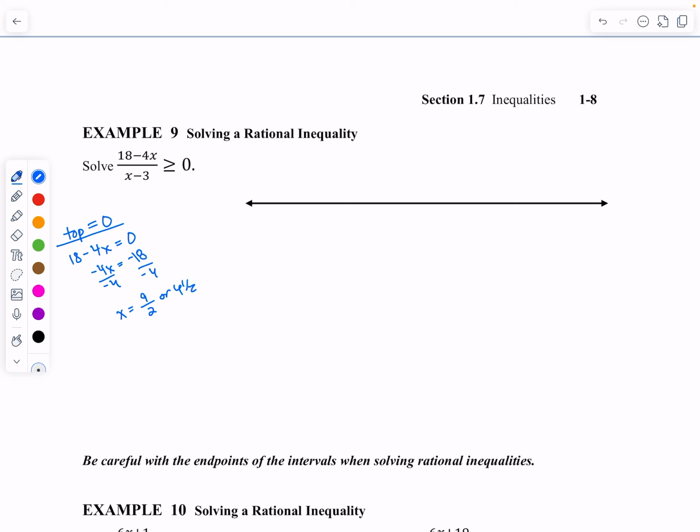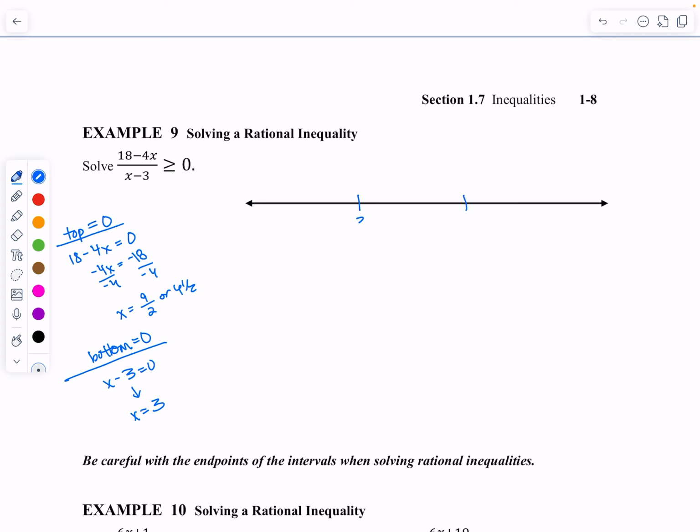About 4.5. All right, now let's go to the next one, the bottom. What makes the bottom equal to 0? That's x minus 3 equals 0, so that's going to be 3. I'm going to put those two on my chart, a positive-negative chart.